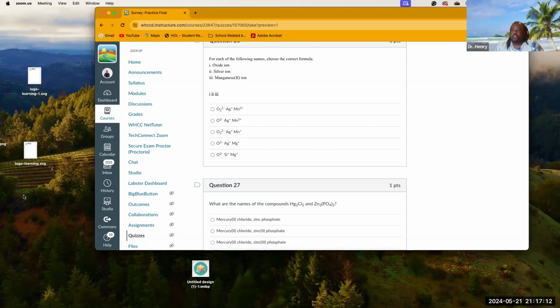Is it C, O2 2 minus, Ag plus, Mn plus? Is it D, O 2 minus, Ag plus, Mg plus? Is it E, O 2 minus, Si plus, Mg plus?